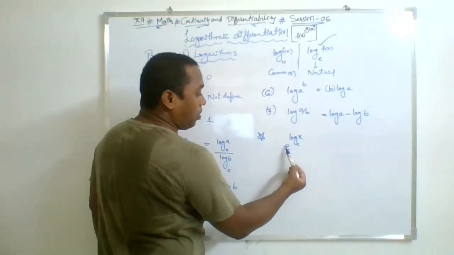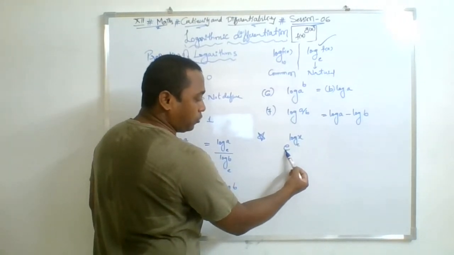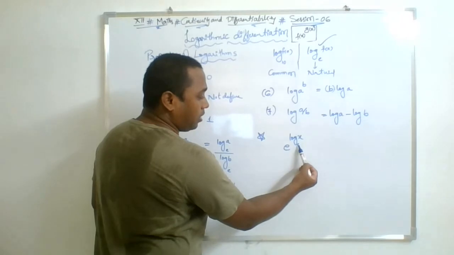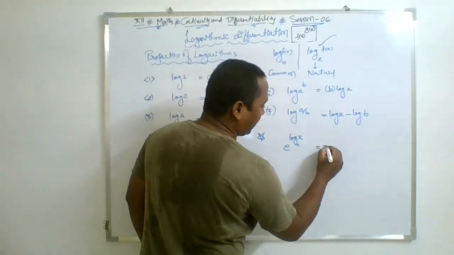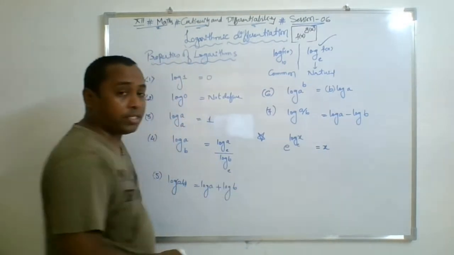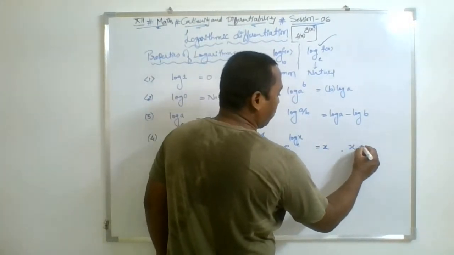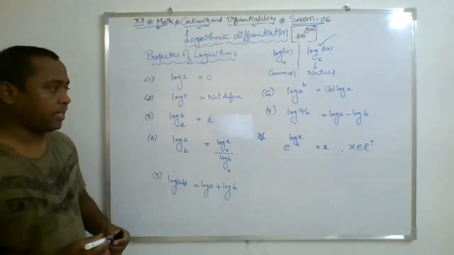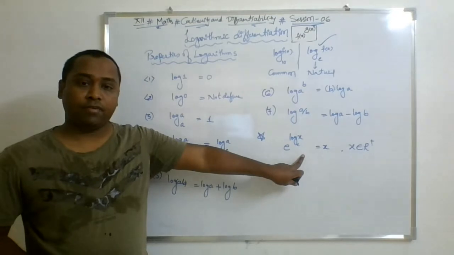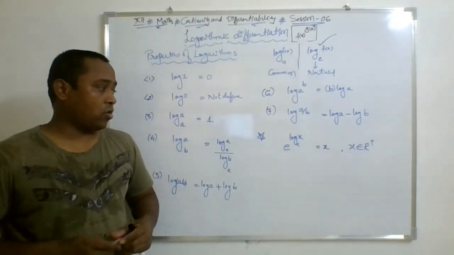So e to the power of log x base e means the actual base of the exponential function and the log function are the same, then its value is x. That we are going to discuss, where x belongs to positive real numbers. We are going to discuss this property first through a question.